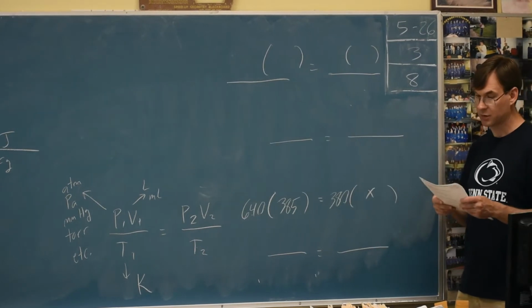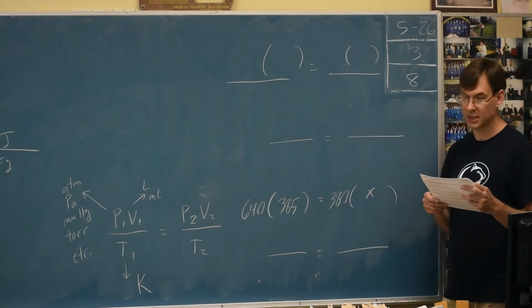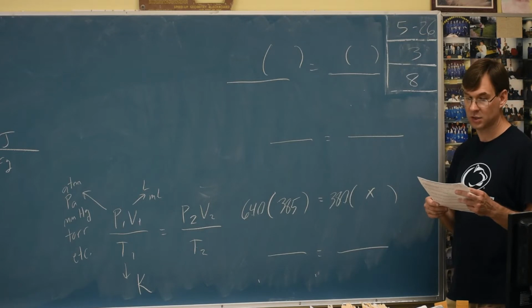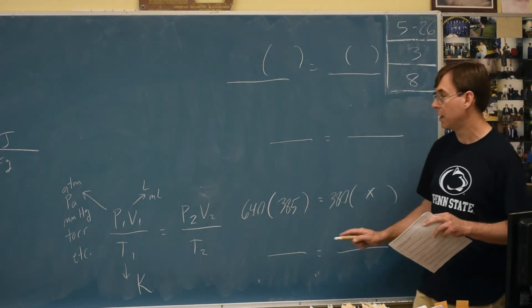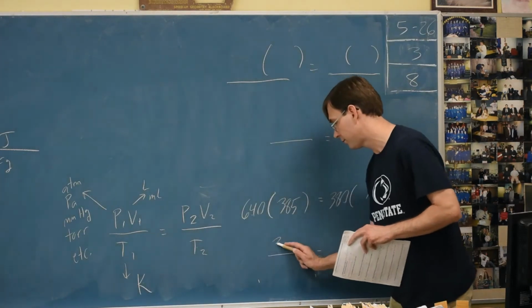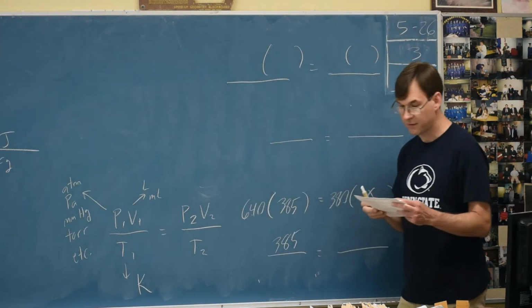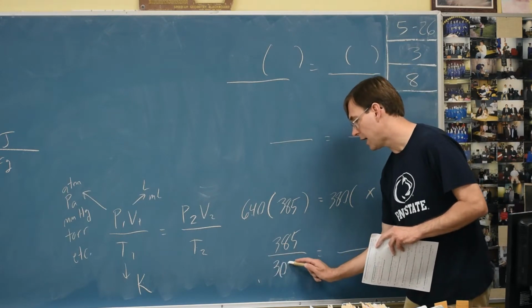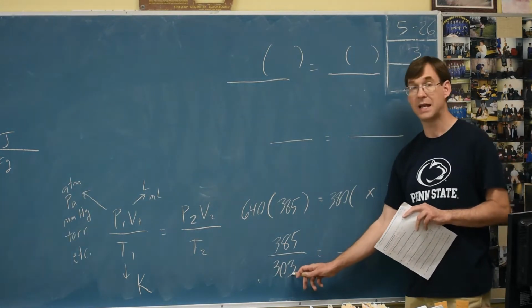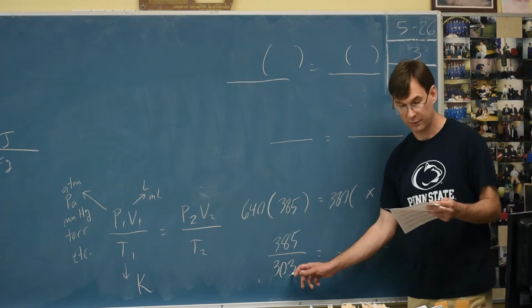133, my first observation would be that the 640s are the same, so I'm not even going to use the 640s. I'm going to put the 385 in for milliliters, that's a volume. 385 had a temperature of 30, so I'm not going to put a 30, I'm going to put 303, because 30 has to add 273 to be Kelvin.